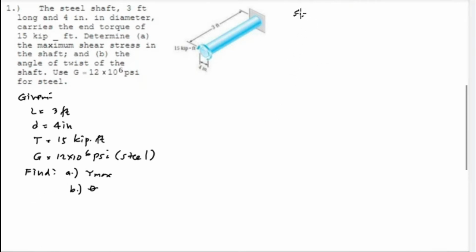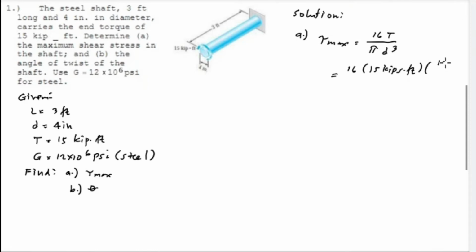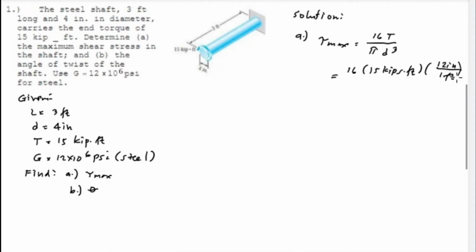Solution. A. Formula for maximum shearing stress: tau max is equal to 16T all over pi d cubed. So 16 times the torque T, which is 15 kip-feet, and we need to convert the feet to inch, where 12 inch is equal to 1 foot, and we need to divide by pi and the diameter, which is 4 inch, cubed.